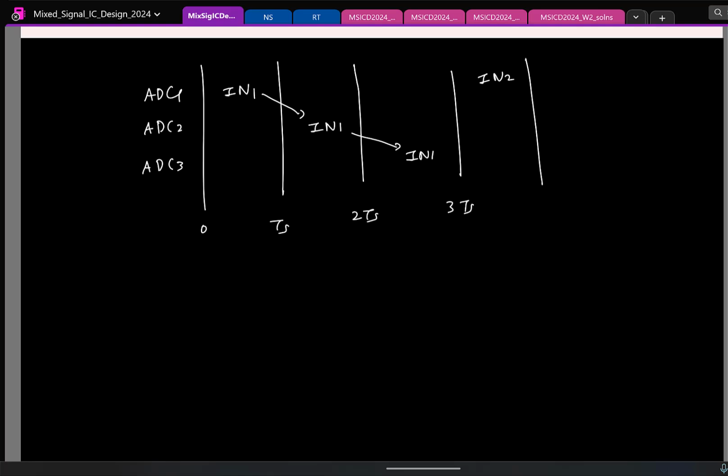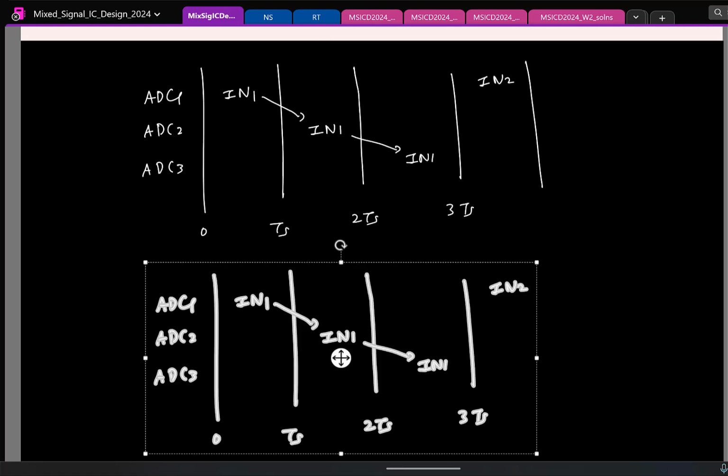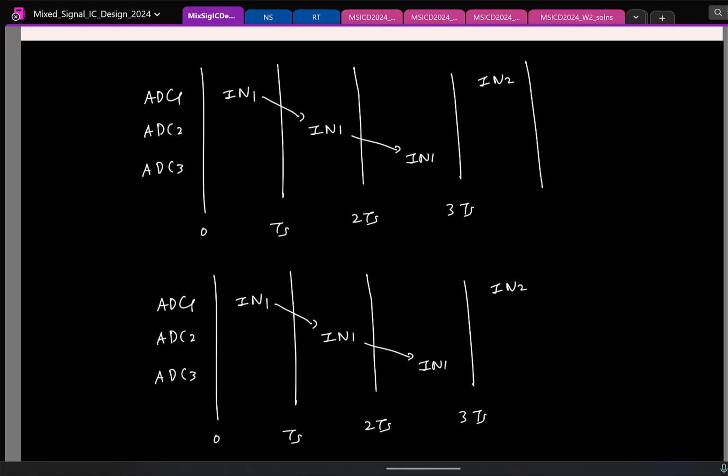Yeah, you'd have learnt this in probably some kind of computer course. By the time the second ADC is processing the first input, no need to keep this guy free. I'll ask this guy to process the second input, and this can take the third input. So this way, at every clock edge you get an output.